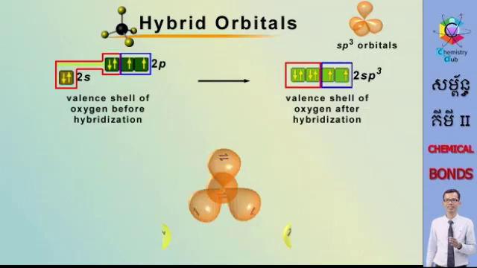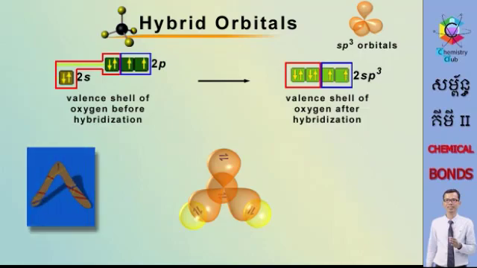The 2 half-filled orbitals bond to hydrogen atoms. The 2 filled orbitals become lone pairs. There are 4 pairs of electrons around the oxygen atom, satisfying the Octet Rule. 2 pairs come from the lone pairs, and 2 pairs come from the bonds with hydrogen. This gives us bond angles near 109.5 degrees and the familiar bent shape of water.